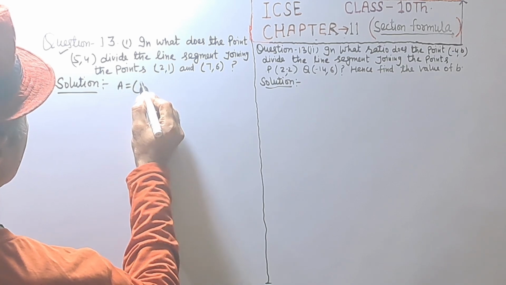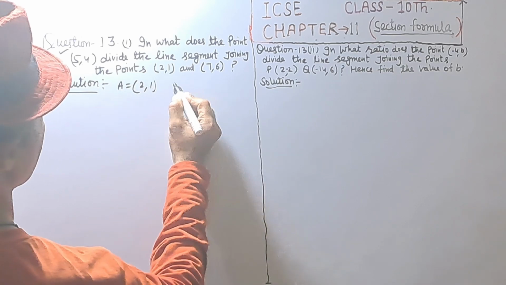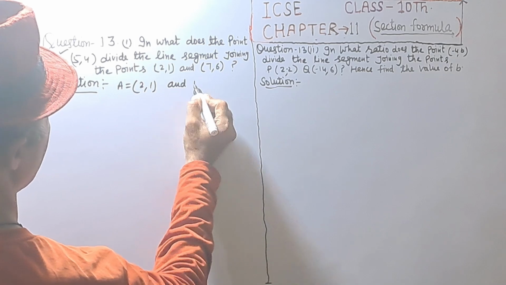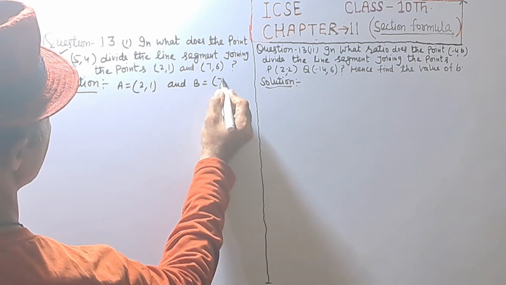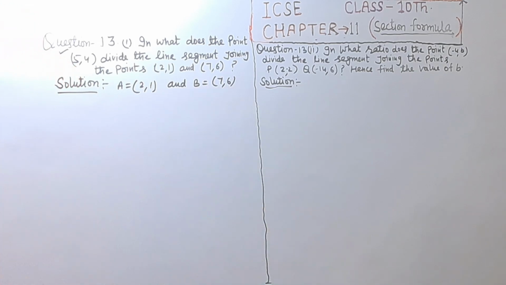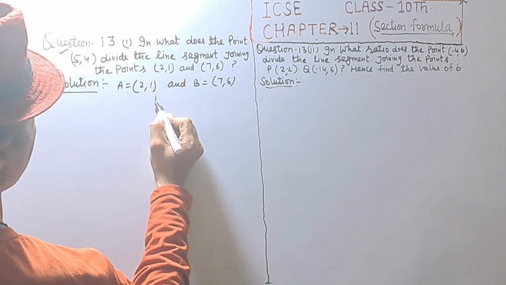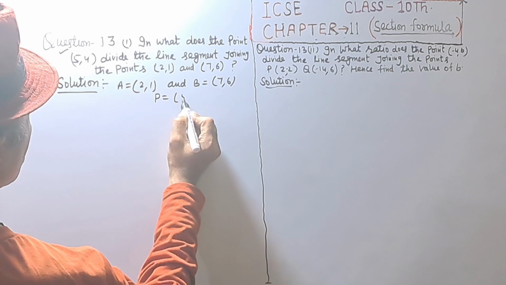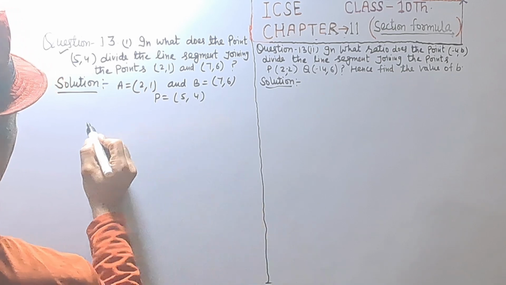Let A is equal to (2, 1) and B is equal to (7, 6), and point P is equal to (5, 4).